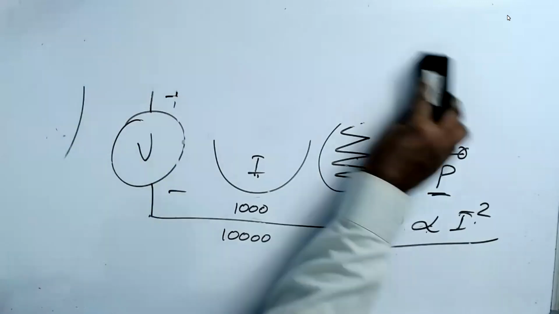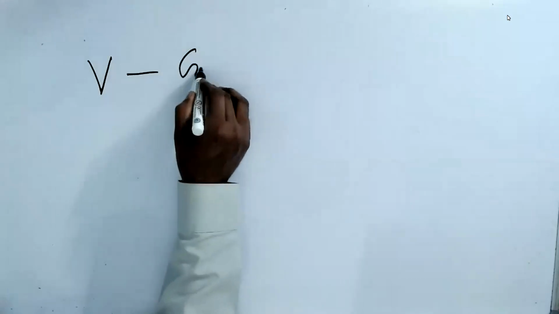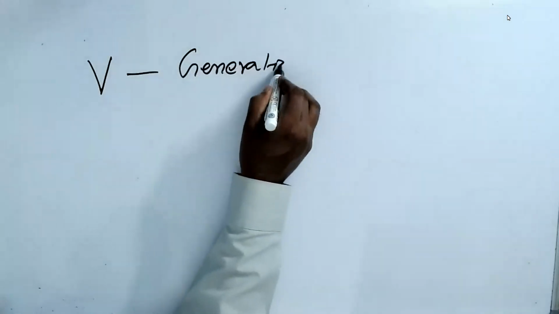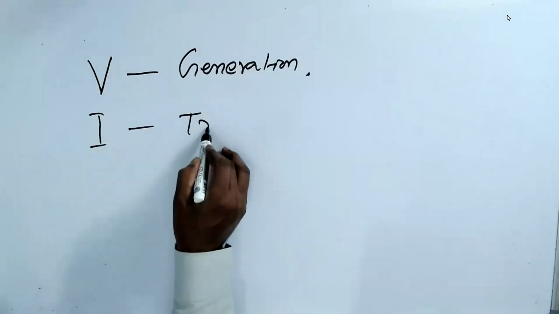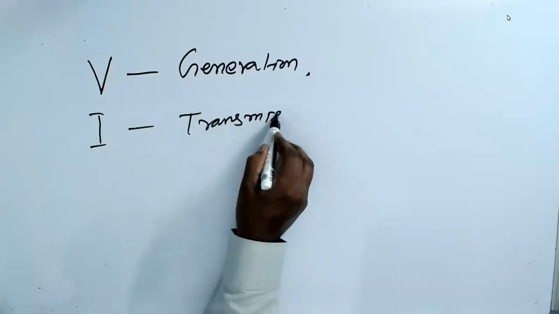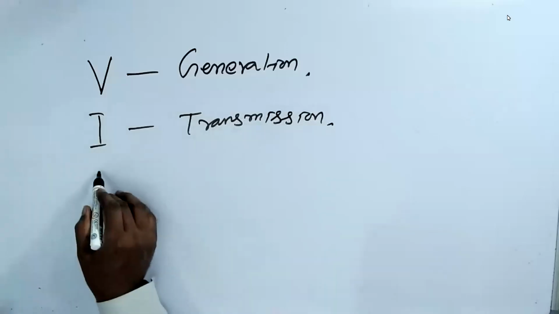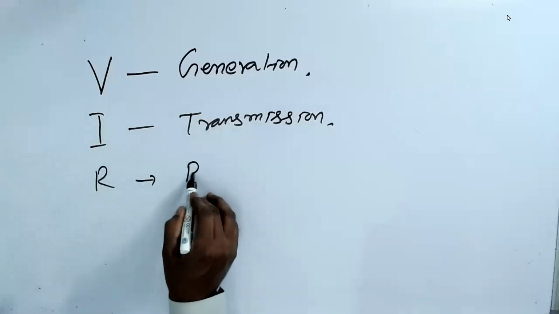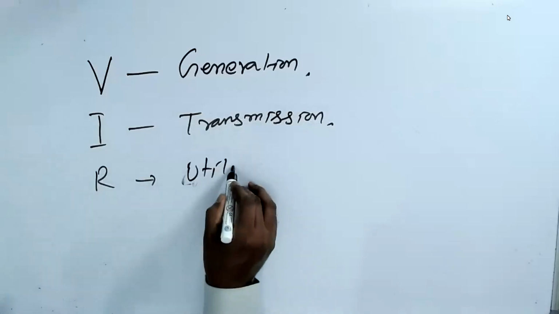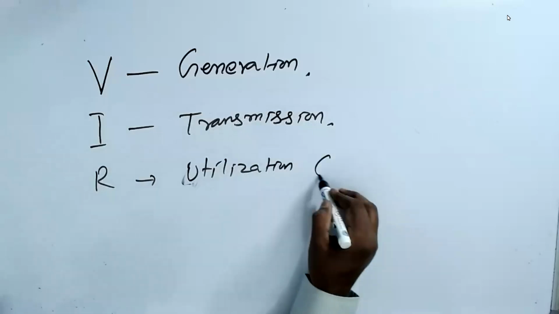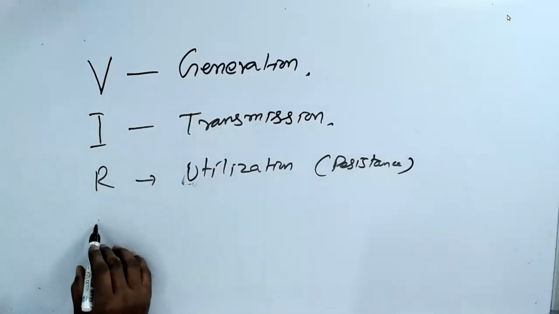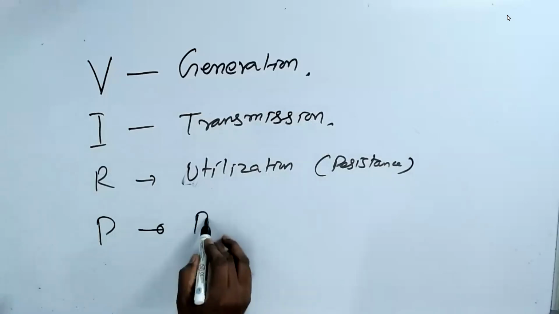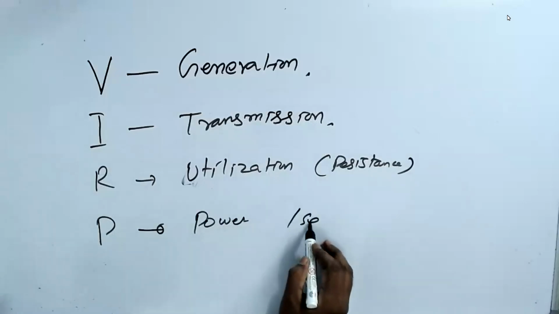So there are 5 terminologies. One terminology is V, all about generation. The second one is I, all about transmission. The third one is R, all about resistance or utilization. Next one is power, per second always.